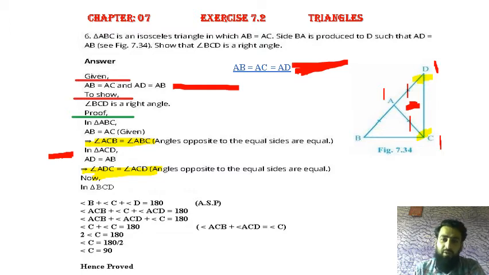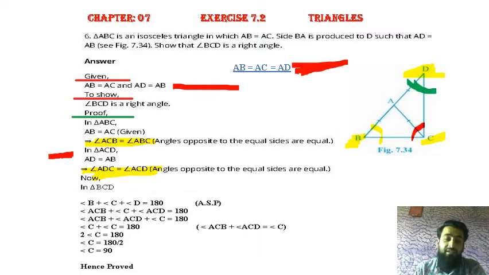Now moving forward, I consider the whole triangle BCD. It has angle B, this angle, angle C, this angle, and angle D, this angle.